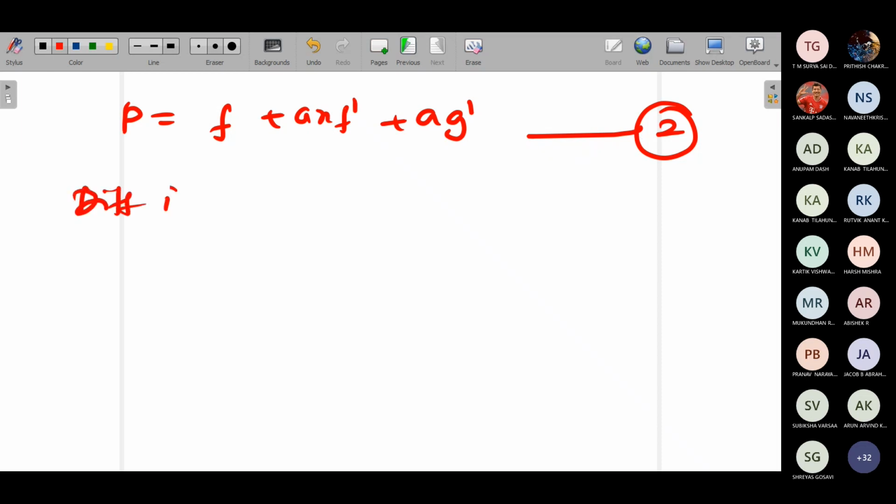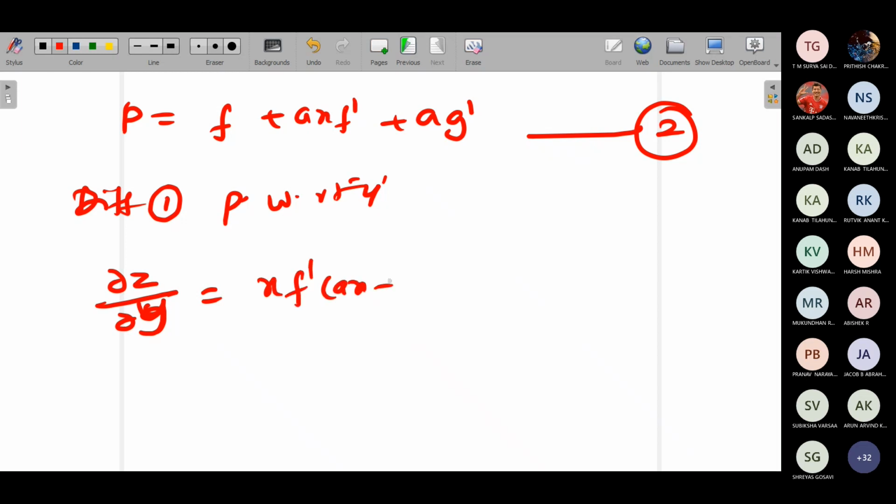Similarly, I'll differentiate 1 partially with respect to y. When I differentiate 1 partially with respect to y, I'll get dou z by dou y, which will be equal to, when you differentiate this with respect to y, x into f dash of ax plus by into b plus g dash of ax plus by into b.